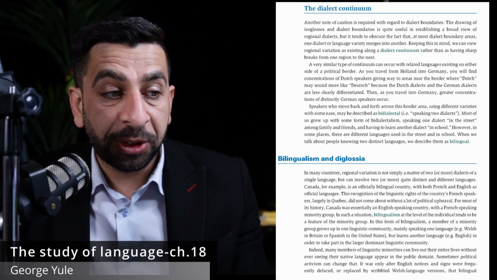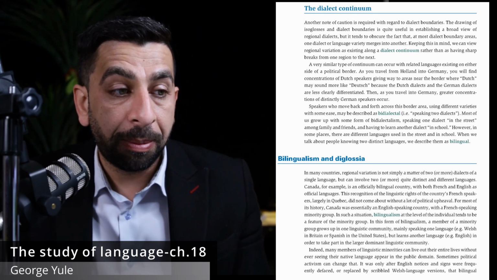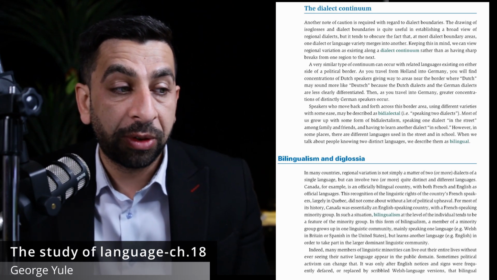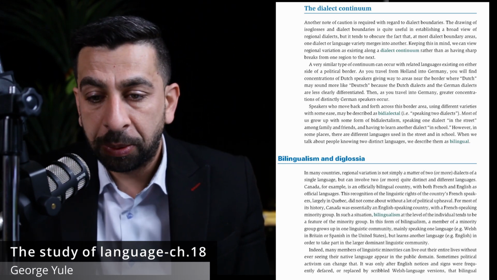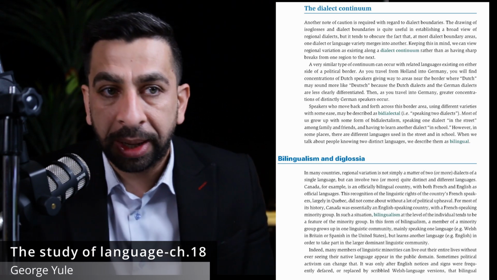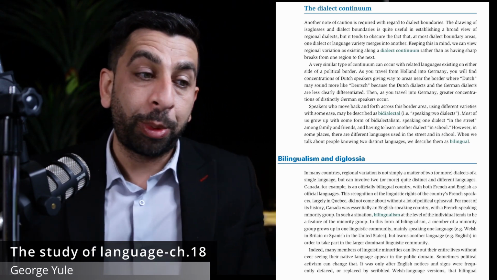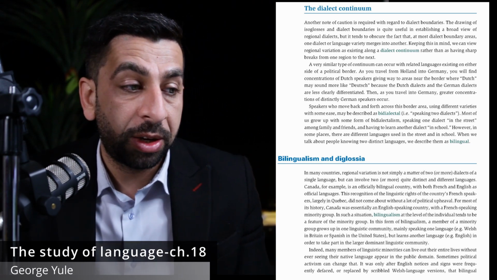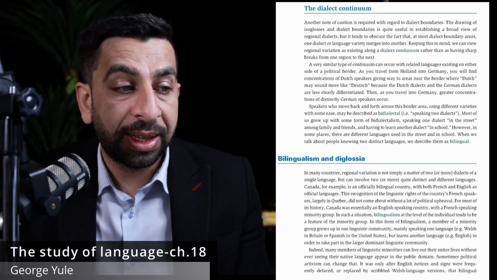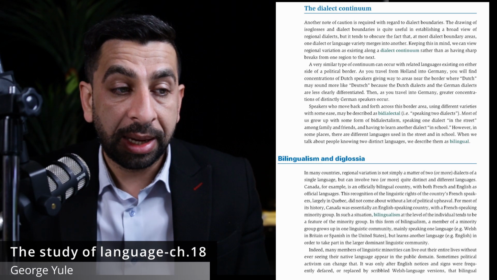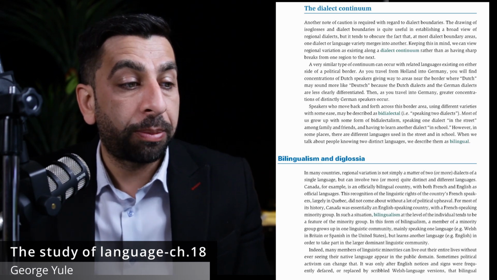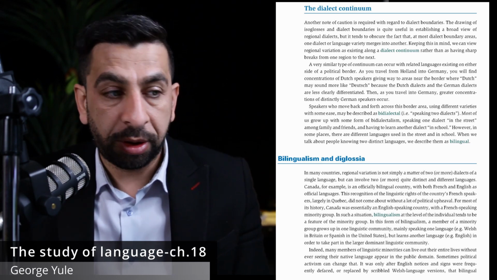But it tends to obscure the fact that in most language and dialect boundary areas, one dialect or language variety merges into another. بسبب أنه بعض الأشخاص من هذه المنطقة يشتغلون بمناطق أخرى فممكن هذا يكون merge. Keeping this in mind, we can view regional variation as existing along a dialect continuum rather than as having a sharp break from one region to another.